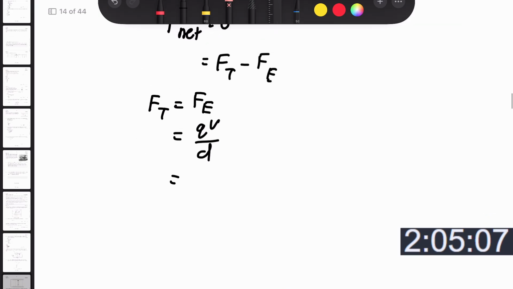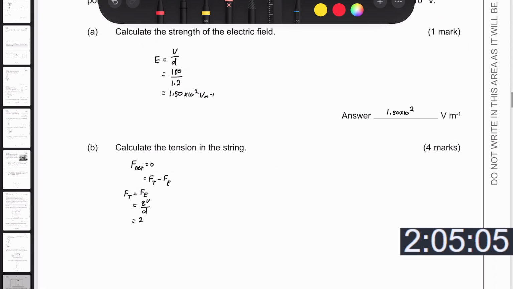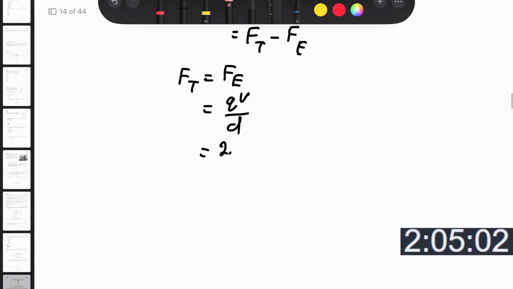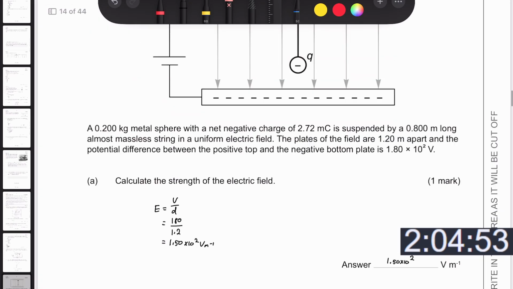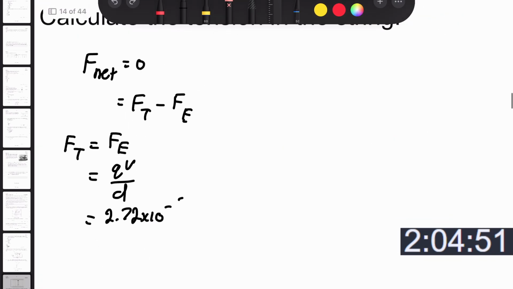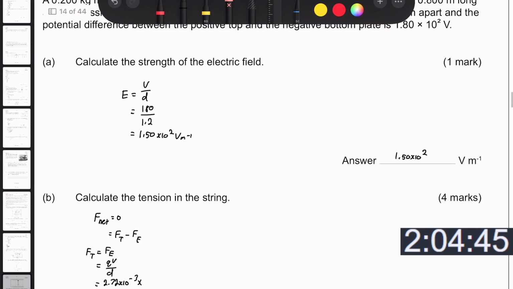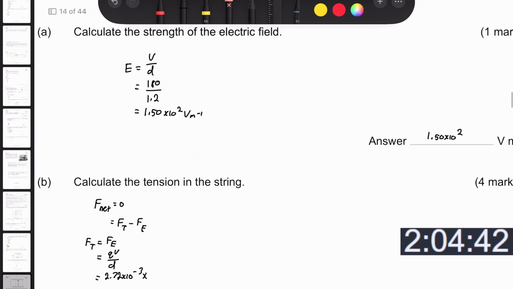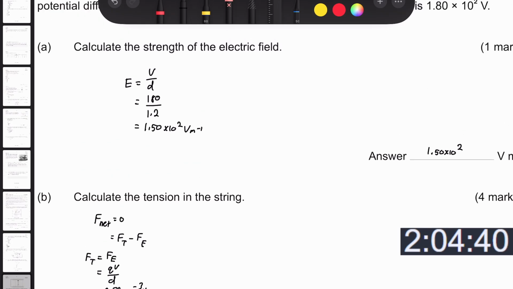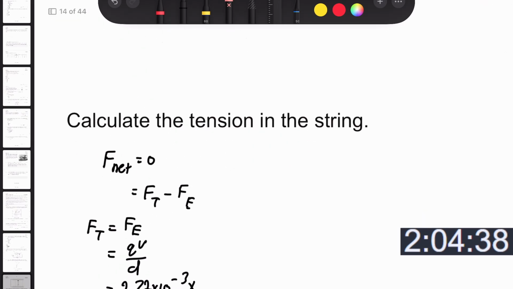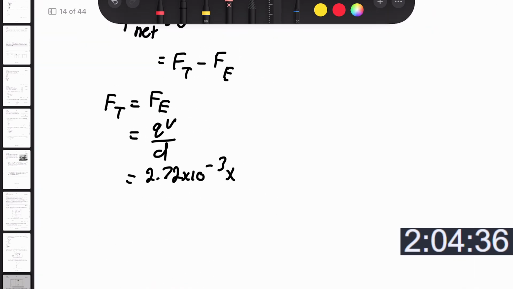Q is 2.72. Yeah, 2.72 times 10 to negative 6, because it's micro. Never mind, so times 10 to the negative 3 times voltage over D. So then it is times 150.